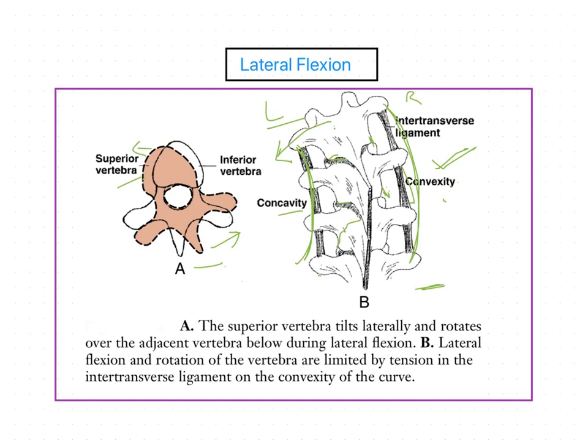So these are the things that happen during lateral flexion. Rotation is available in each spinal region, but due to drastically different shapes of the zygapophyseal joints, the kinematics are going to vary greatly by region. So we are going to discuss this rotation in the particular regions.